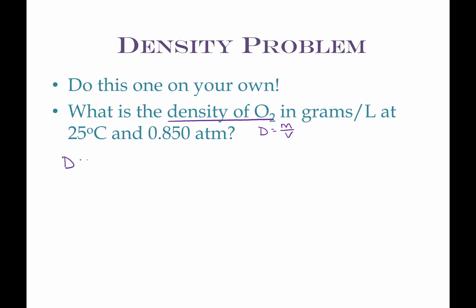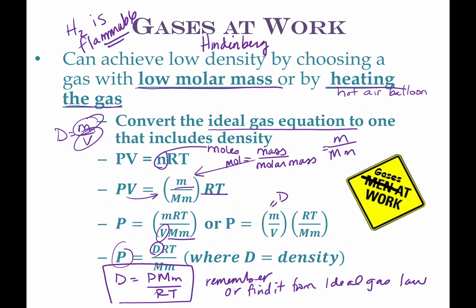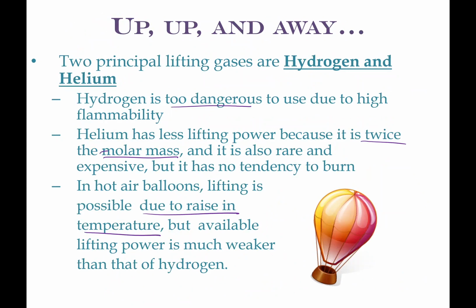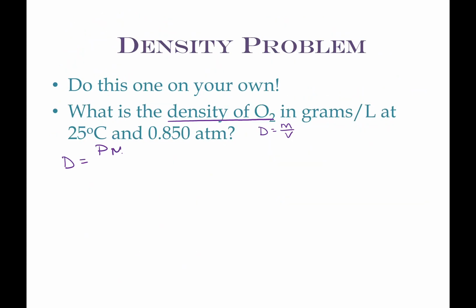So we just said that density is equal to pressure, want to go back and check? So pressure times molar mass divided by RT. And we can always solve for that as well.